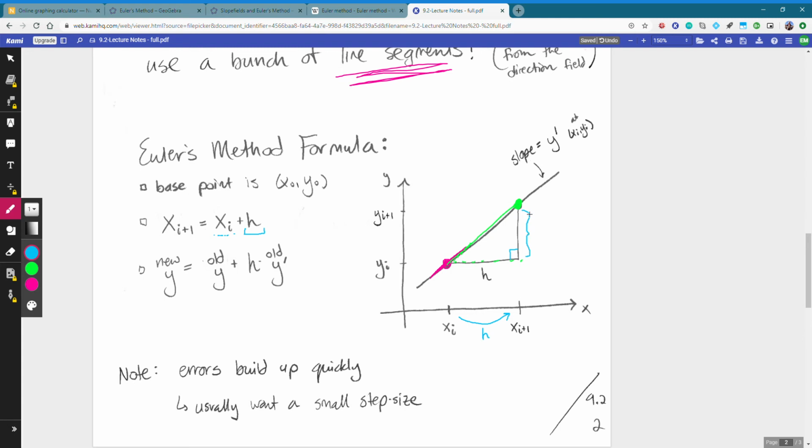The idea here is that this line that we moved along, we know its slope. It's whatever the y prime was back at this original point. We also have another way to find that slope, right? The slope of a line is always rise over run.